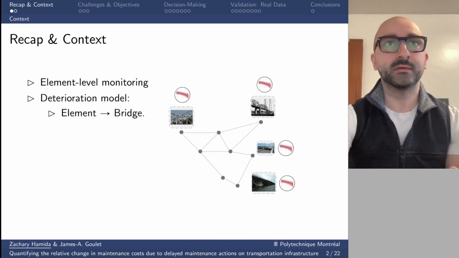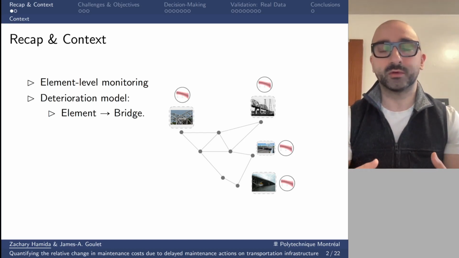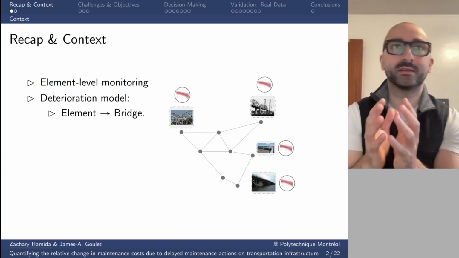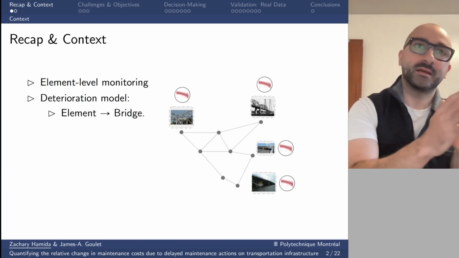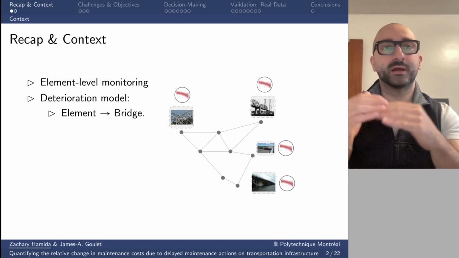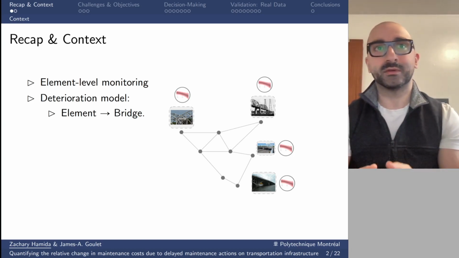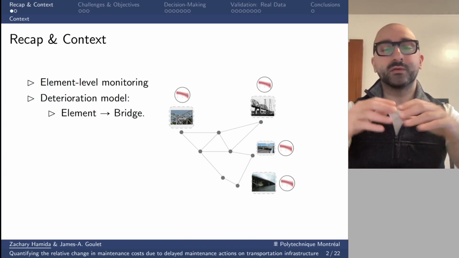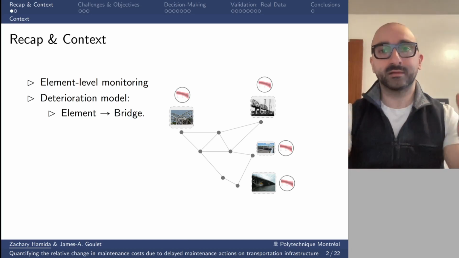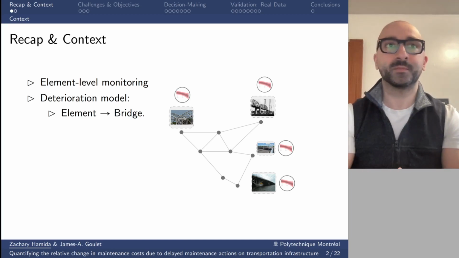Now, this data would provide foundations for a deterioration model. This deterioration model is done at the element level. However, that element level granularity can be aggregated to get to a bridge level, and that would give us an overall health rating for a given bridge in a given network.